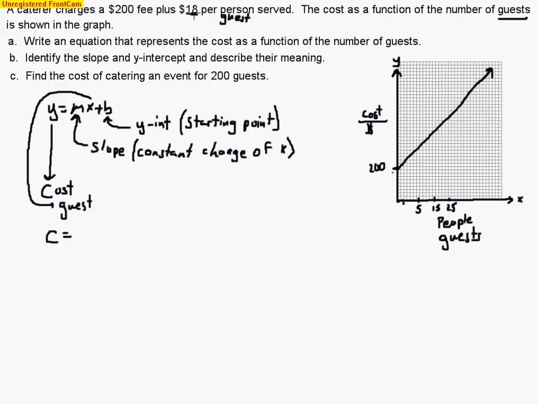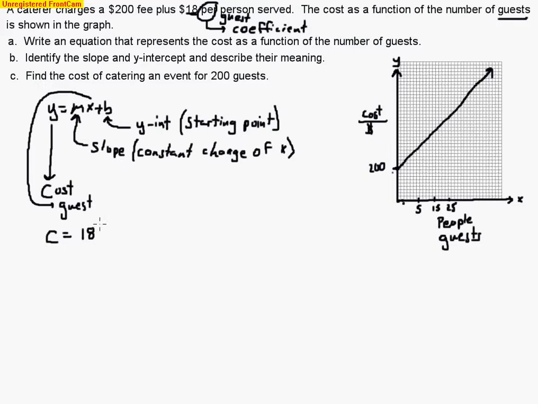It's $18 for every guest. And so that's the slope. So the slope is 18, and the word per kind of gives it away. That's typically going to tell us that this needs to be the coefficient. And the coefficient is, in this case, the slope.